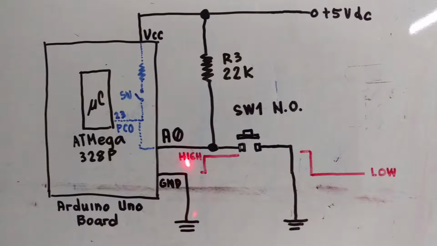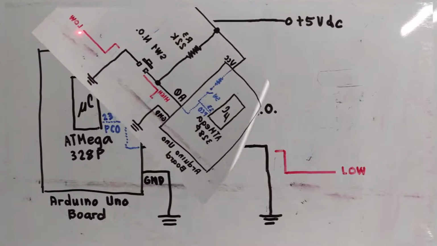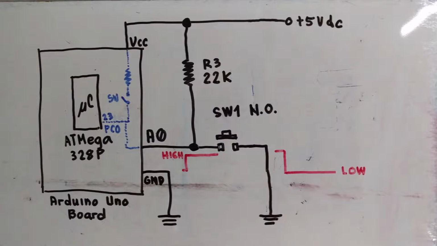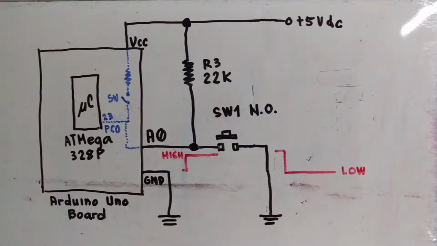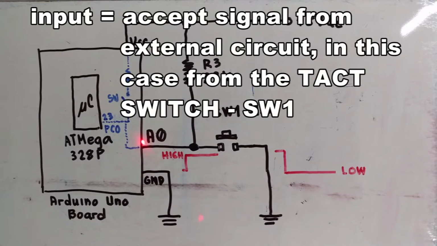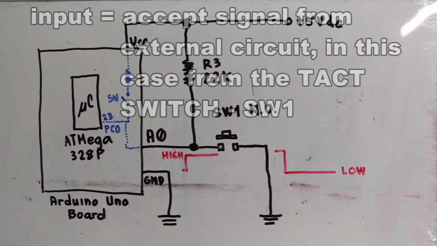I can instruct the Arduino board that my detection when I depress the switch is logic low. Before that, I must instruct the Arduino board that bit port A0 is used as an input, not an output. It is an input because it keeps watching the changes of logic at SW1 from high to low or low to high.